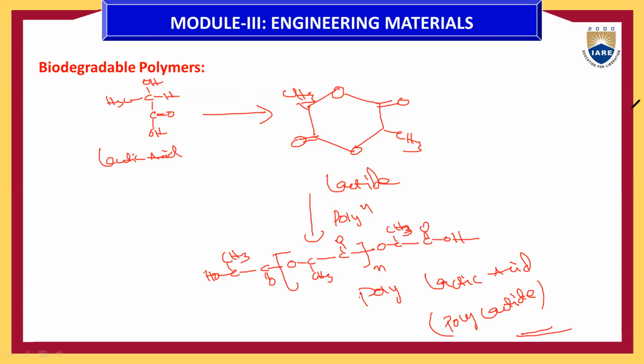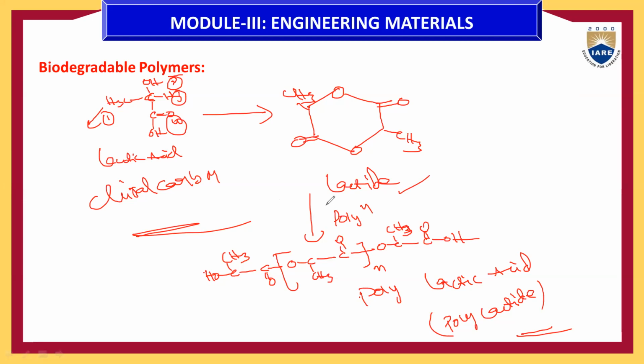Because in the lactic acid, this carbon has 4 different groups: one is the CH3 group, one is the OH group, and the other two. So 4 different groups are attached to the carbon, and this is called a chiral carbon. That's why lactic acid has some distinct properties. When lactic acid forms a lactide, this lactide undergoes free radical polymerization, and then we get polylactic acid or polylactide.